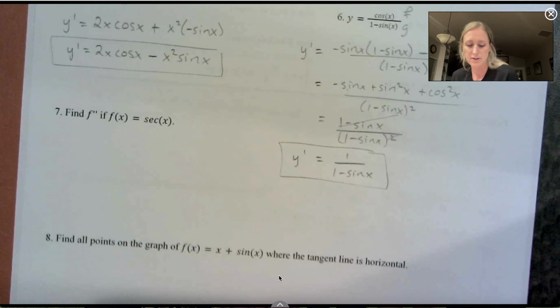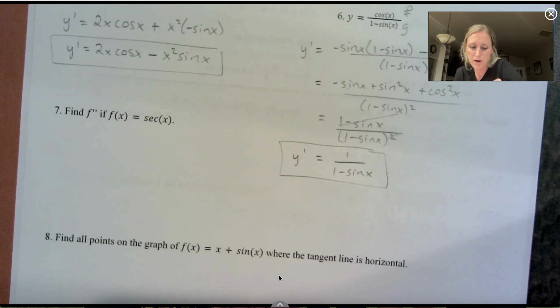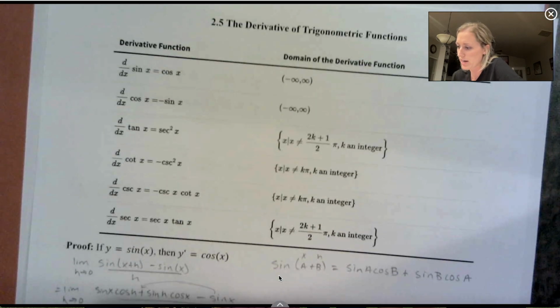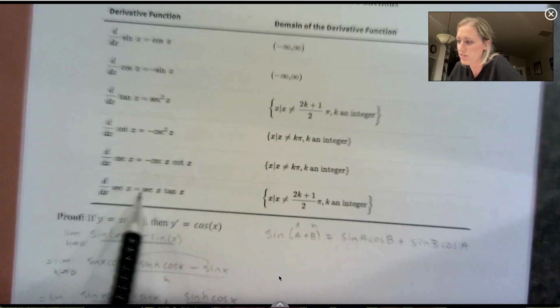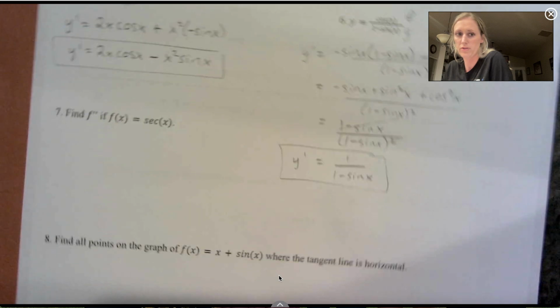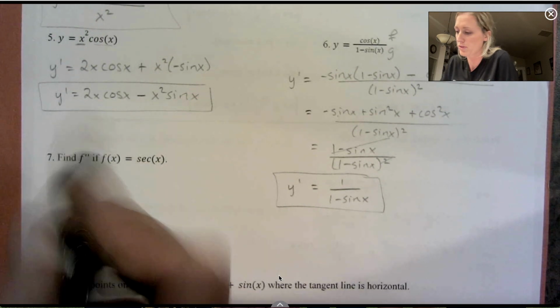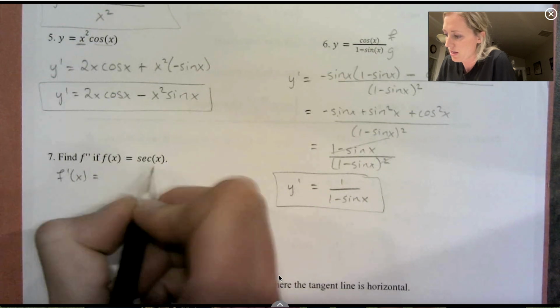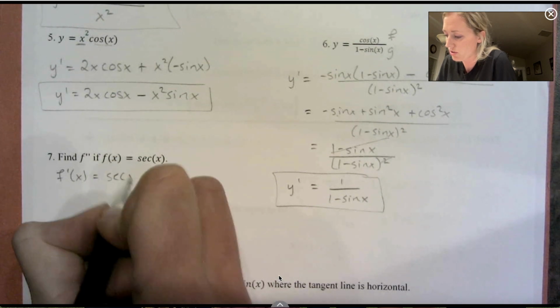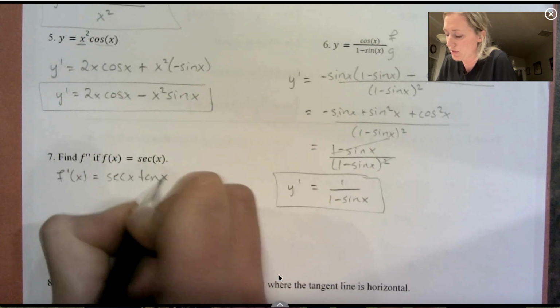Okay, 7. Find f double prime if f of x is secant of x. Okay, so again, previous table, so secant of x, okay, the derivative of secant is secant times tangent. Okay, so they want us to find the second derivative, so we got to find the first one first. So the first derivative is secant times tangent. So we just got that from the table on the previous page.